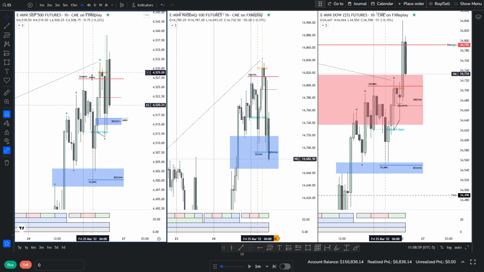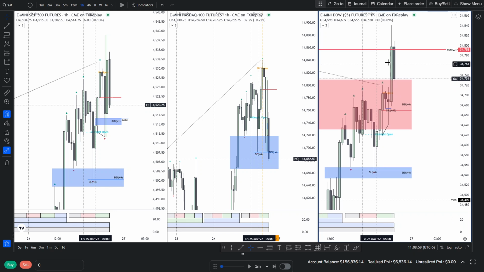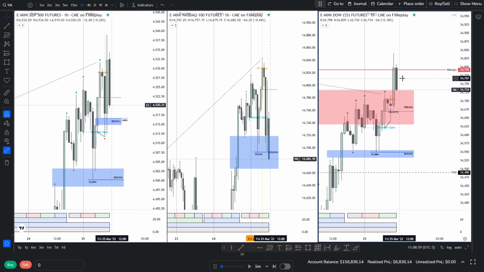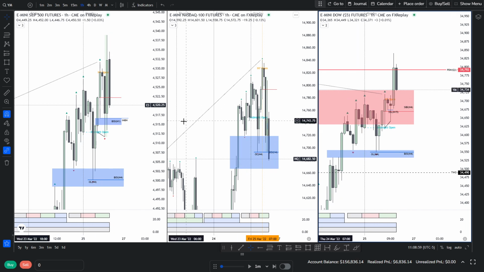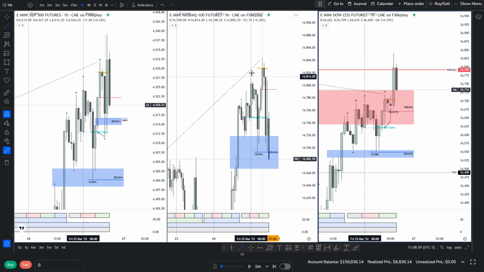Let's have a look at this in more detail. So I want to get rid of the H4. Get rid of that. We've got this high which is formed, so it's purged that liquidity. We've got this H1 liquidity purged.